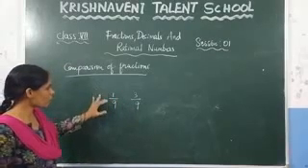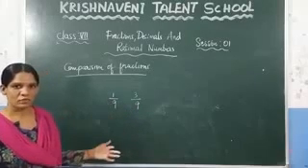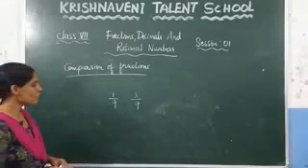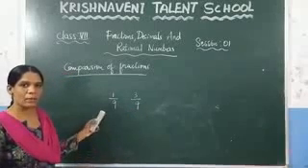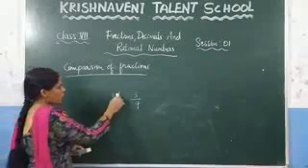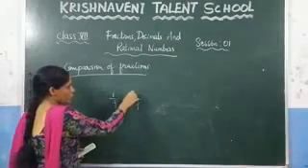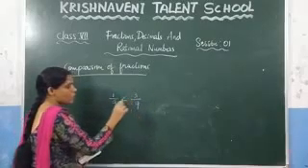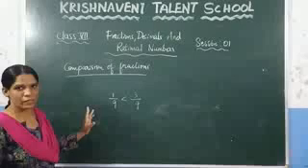If you want to compare 1 by 9 and 3 by 9, first you need to check the denominator. Since the denominators are the same, you can compare the numerators. Among 1 and 3, which is the bigger number? Since 3 is the bigger number, 3 by 9 is the bigger fraction compared to 1 by 9.